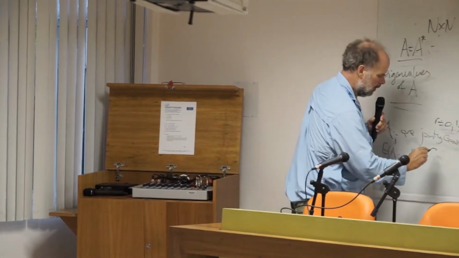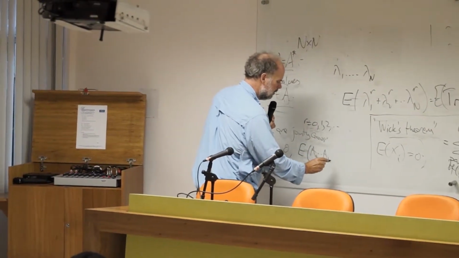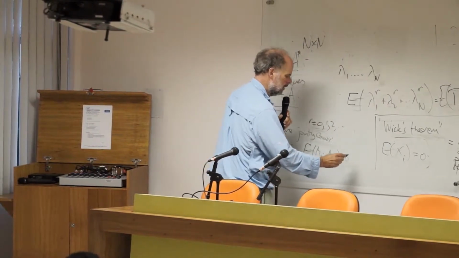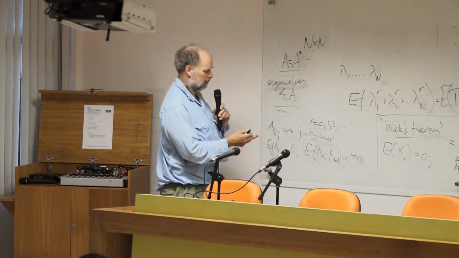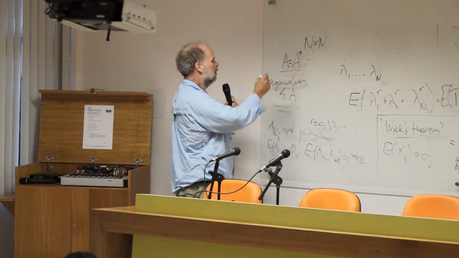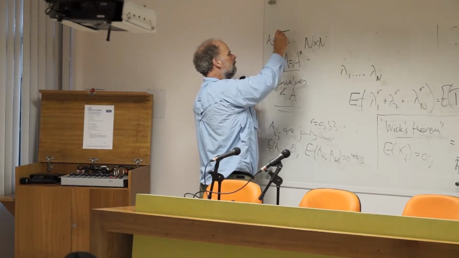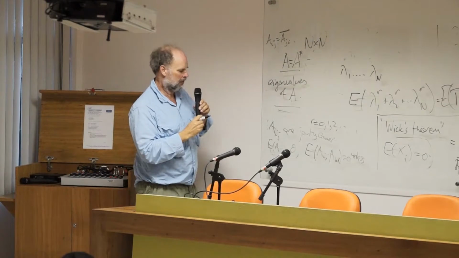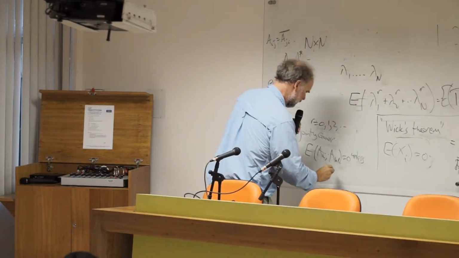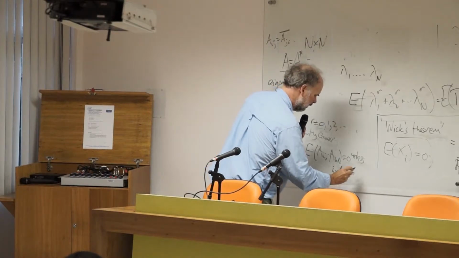So that E of A_ij A_kl is equal to 0 unless, so this is the constraint of self-adjointness, that the conjugate transpose is equal to the matrix itself, unless i equals l and j equals k.